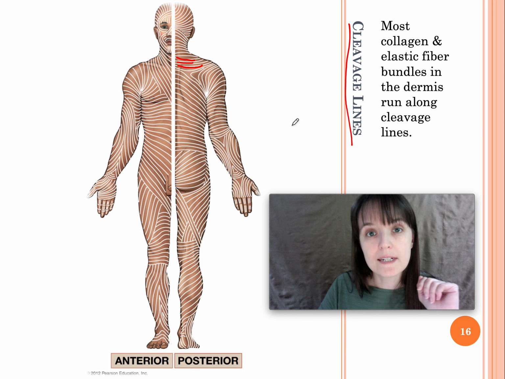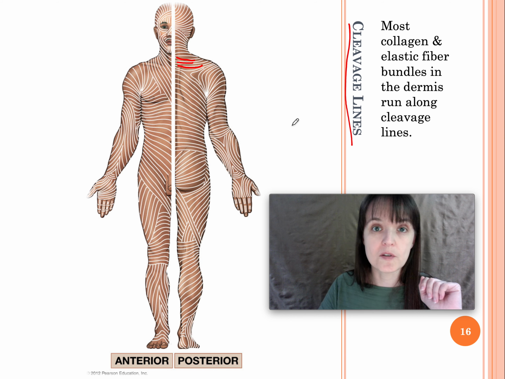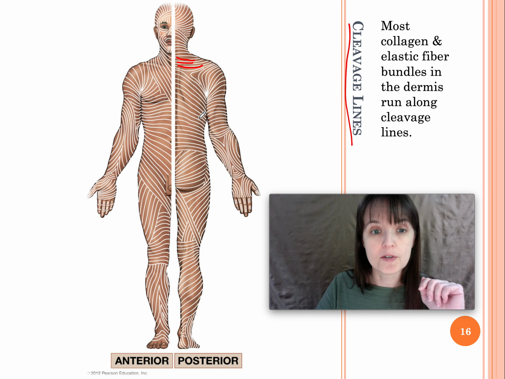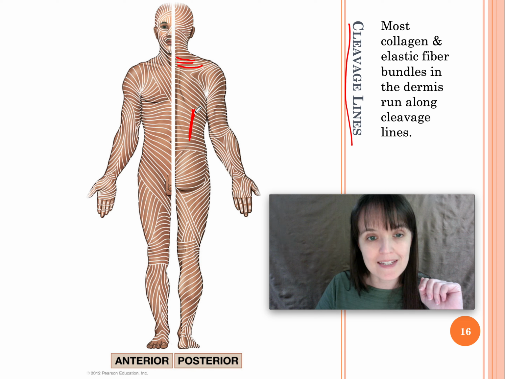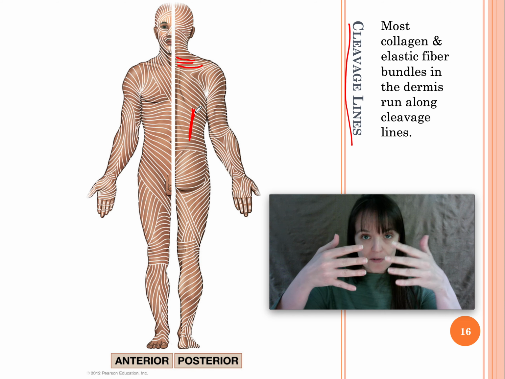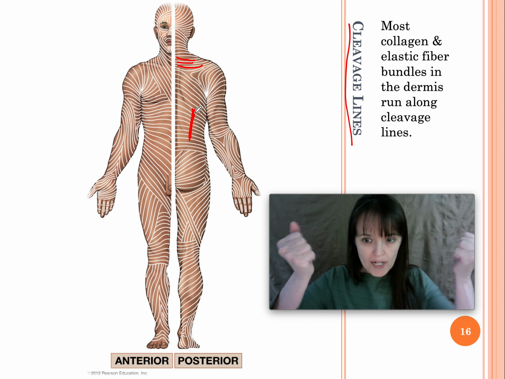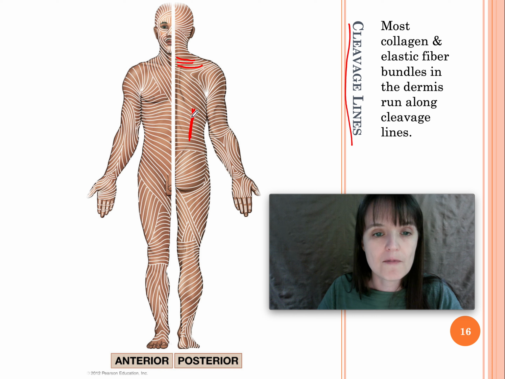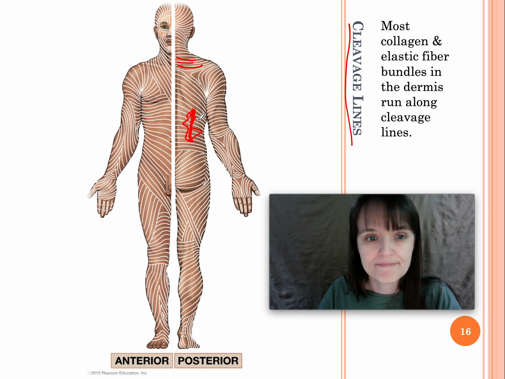Why they're clinically significant is because when you're doing surgery and you make an incision across these elastic fibers, you're going to break all of these tiny rubber bands in the skin. And what do stretched rubber bands do when you break them? Boing! They snap apart. And so that will make a giant, huge scar.